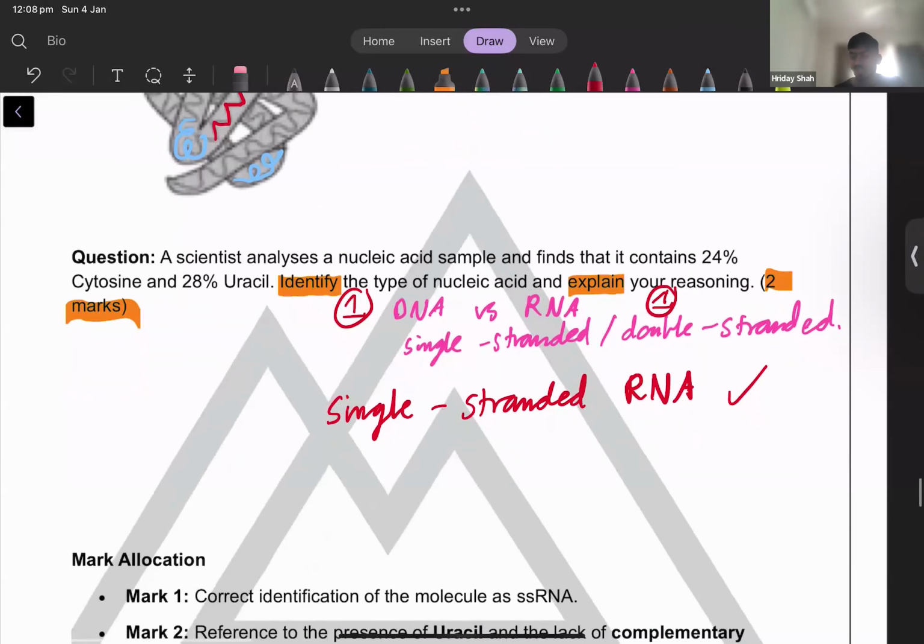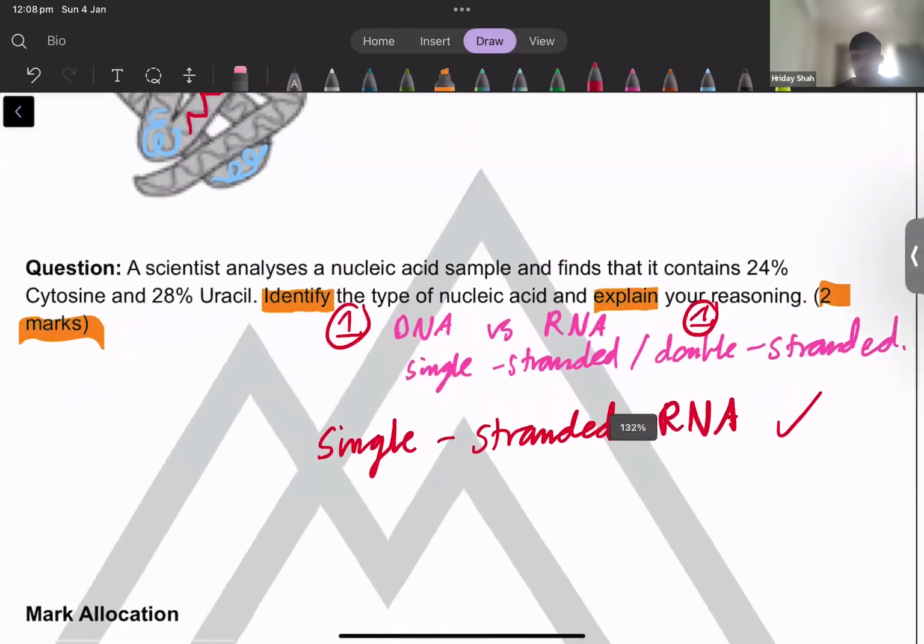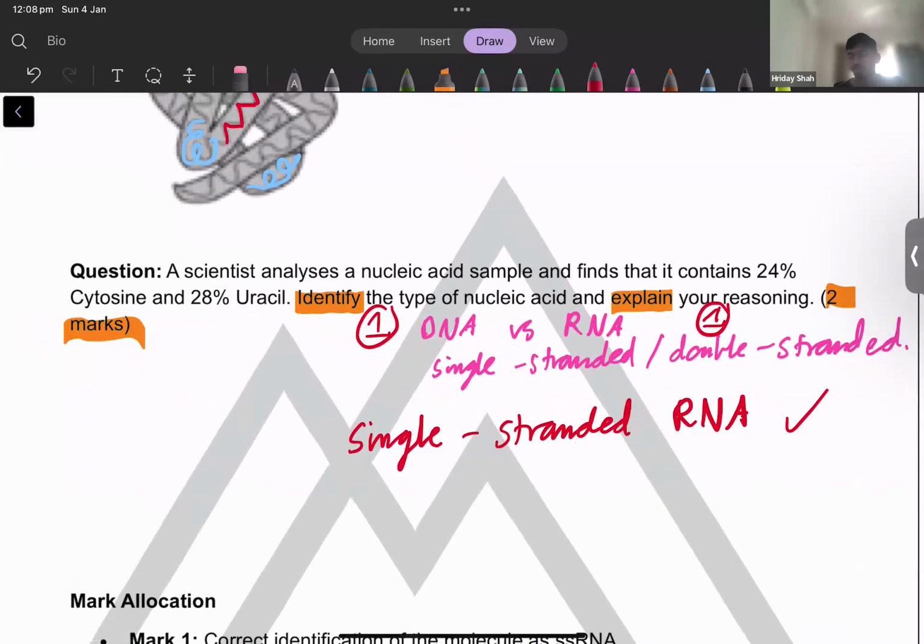Now, for the second command term, explain your reasoning. You need to decide why you chose single-stranded RNA. So firstly, you can justify that you chose RNA because the sample has uracil. Now, it's not enough to say the sample has uracil though, right? Why is that relevant at all?